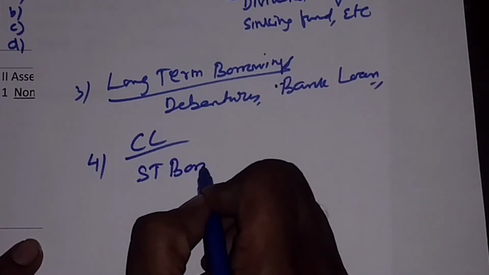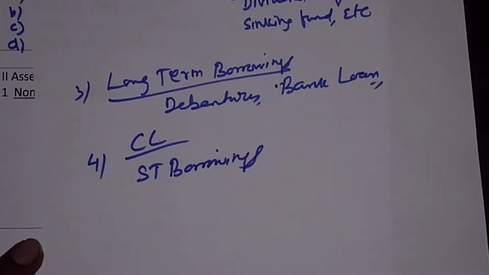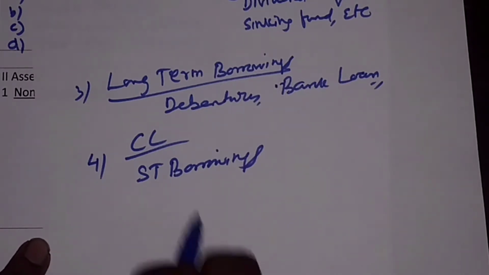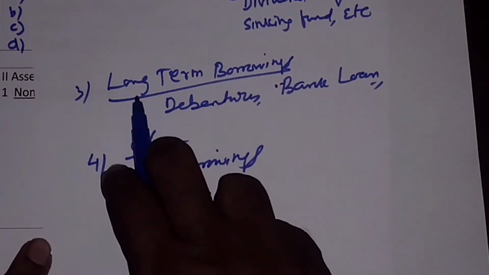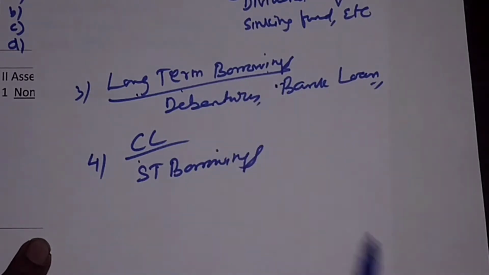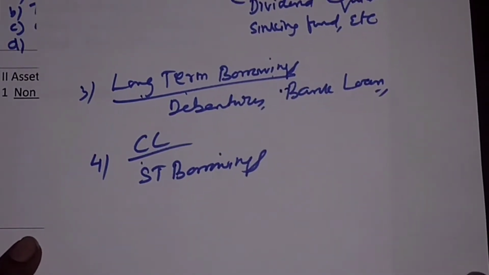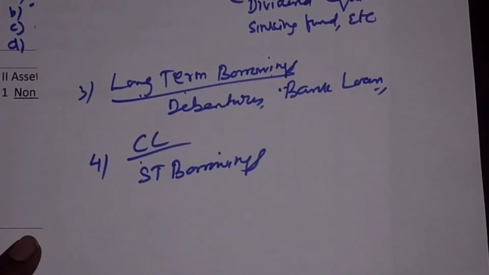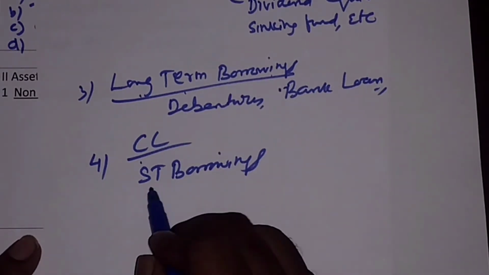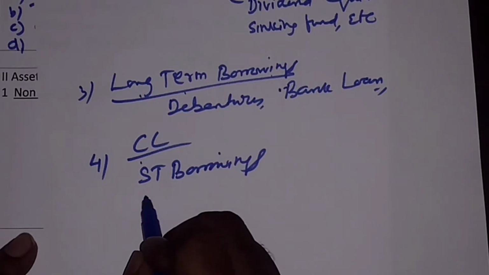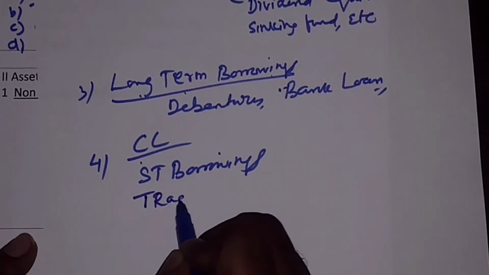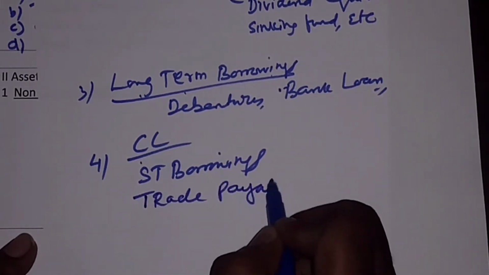Any borrowing which has to be paid within 12 months is called a current liability. Anything which we pay after more than 12 months, we call long-term borrowings. After the short-term borrowings, next one is the trade payables.